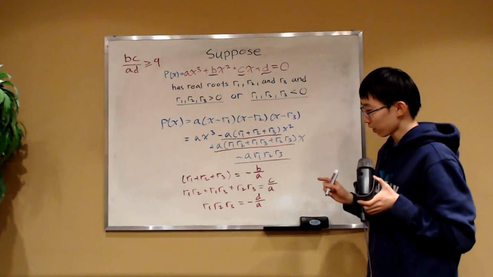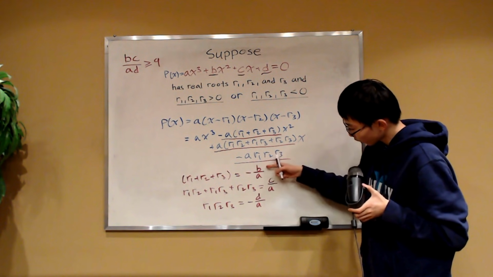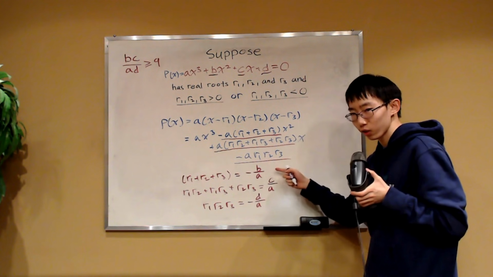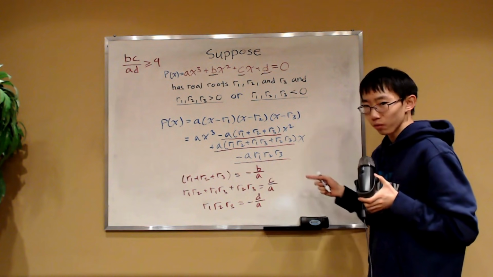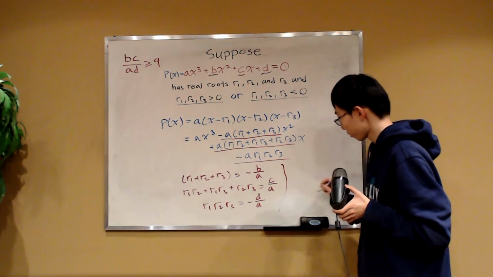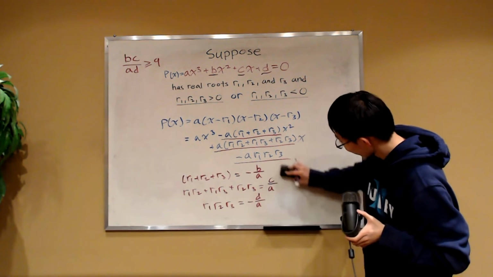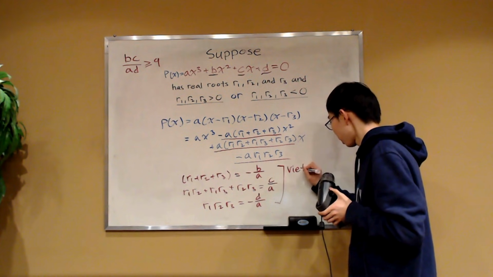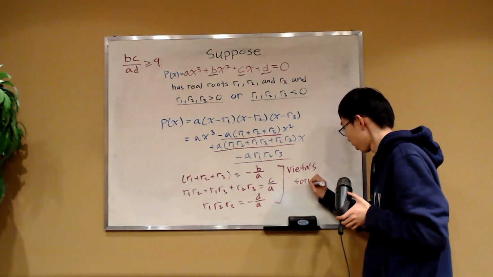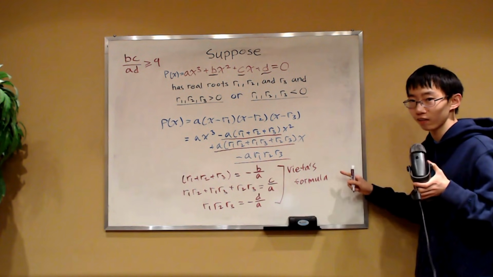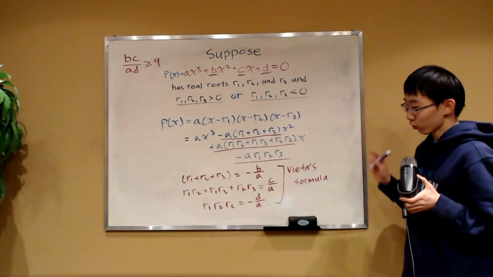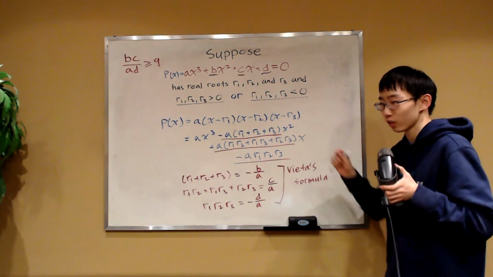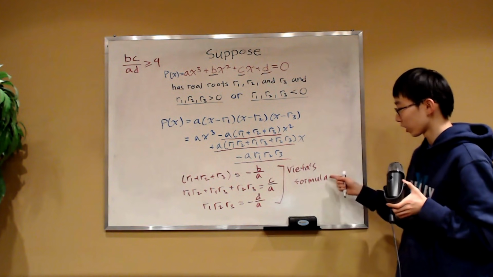Now, notice that, again, we're able to write these coefficients in terms of r1, r2, and r3. Of course, here we moved a onto the other side, but we've actually just derived something called Vieta's formula. Now, of course, if you were familiar with Vieta's formula, you could have just come up with this instantly. But this is the derivation for Vieta's formula.